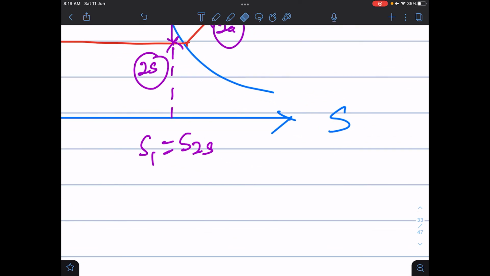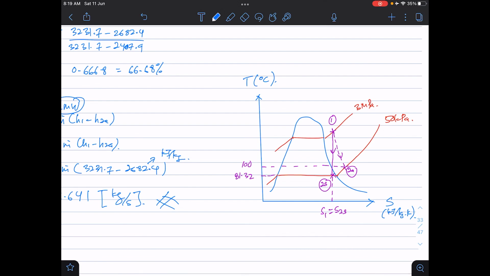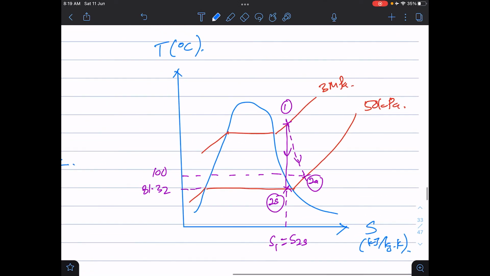For S here, kilojoule per kg Kelvin. So this is how you plot your TS diagram for this turbine. The straight line represents the isentropic or ideal condition. The offset line on the right is the actual process or actual condition for the turbine.